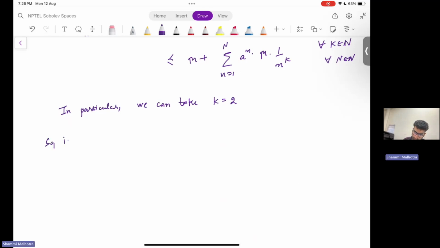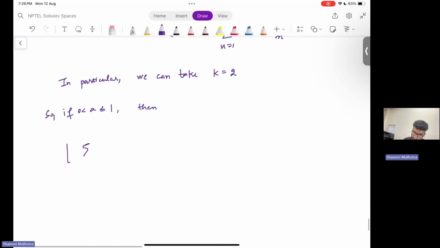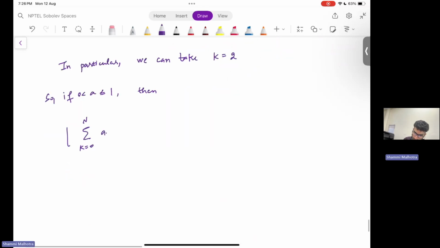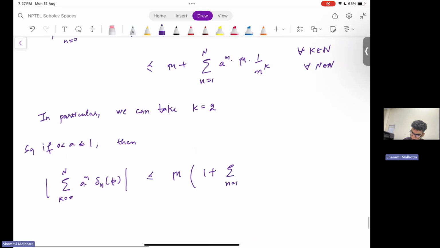So if a is positive and less than or equal to 1, then the summation from n equal to 0 to N of a^n delta_n phi is less than or equal to M times 1 plus the summation n from 1 to infinity, and I can bound a^n by 1 only.